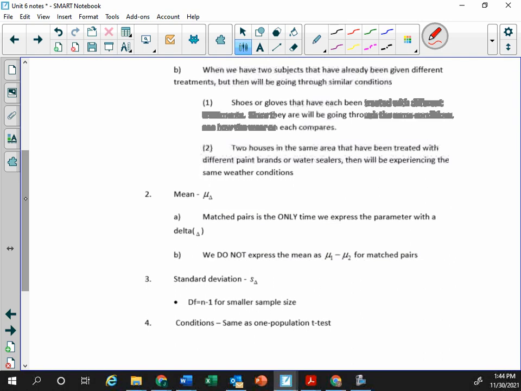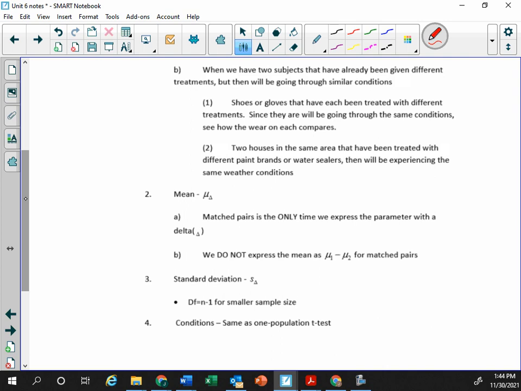You end up with something that is just like a one sample test, because what you're going to do is find the difference between either a pre and a post, or whatever the ranking system was used for durability. You're going to have one mu of the difference that you're looking at, okay?